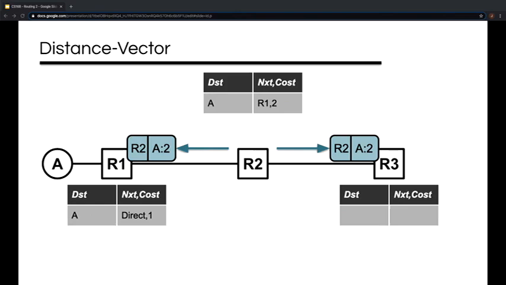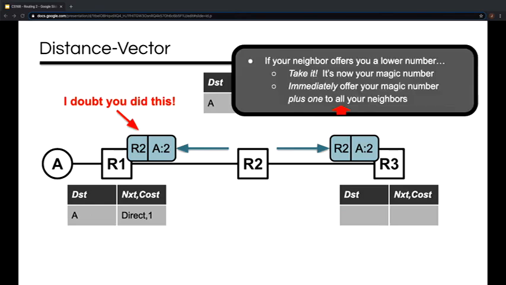So I think that's really interesting, and I'll come back to it in a minute. I'll point out that I definitely said to do it in the instructions that I gave you. I said send it to all your neighbors. So I think this is interesting. We'll come back to it. But all right, if you violated my directions and didn't send this advertisement to R1 or wouldn't have, then good for you.